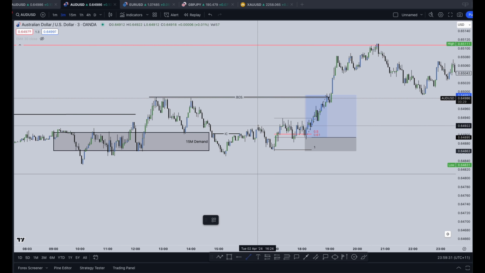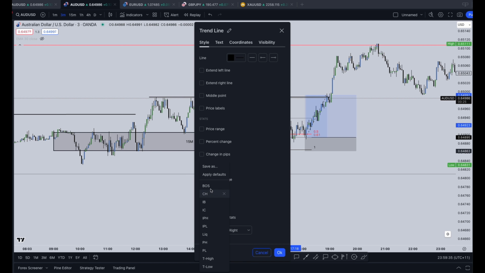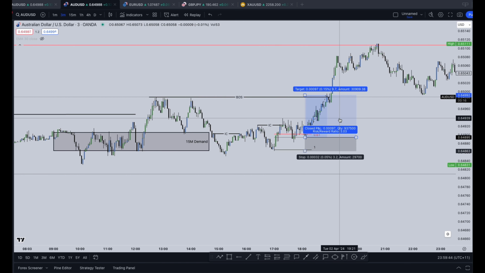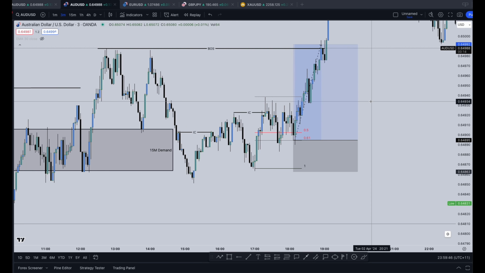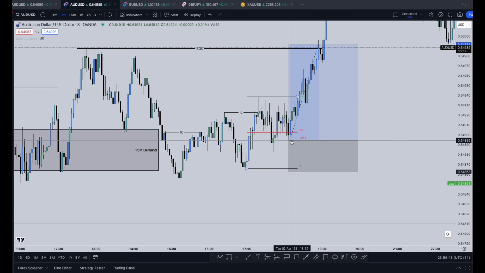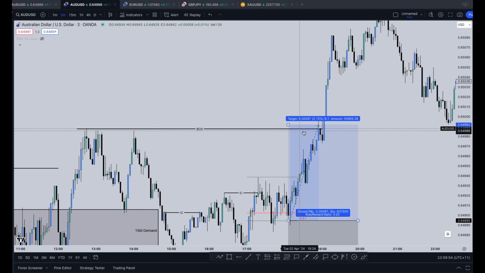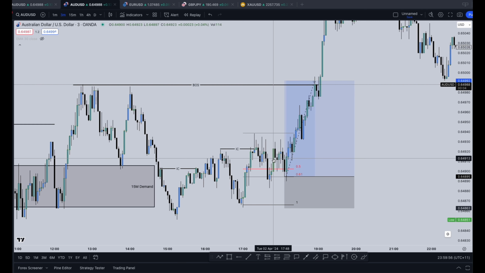If we don't want to use that, we then have a second movement up. Now, this second movement up is when I chose to enter, okay? Didn't enter directly up here. What I waited for, again, I used my fib down here. I set my entry at this 0.61 level, stop loss below this 1, and I had my take profit at the targeted high, right? Very, very simple.